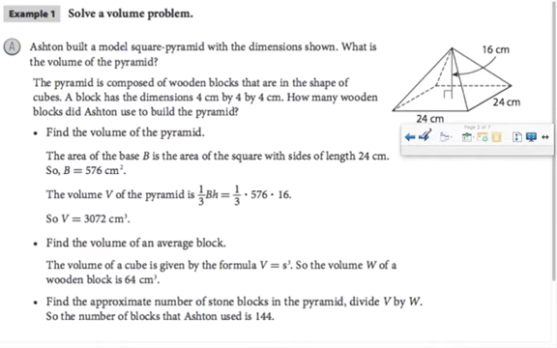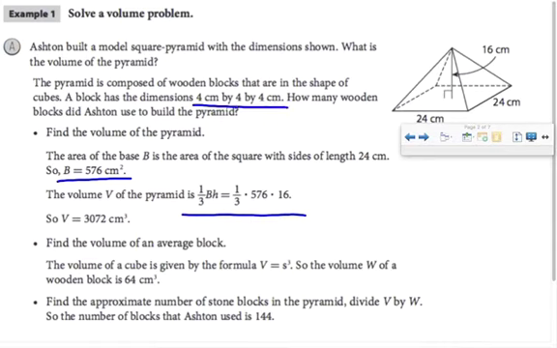So in example 1, part A, they're solving a volume problem. Notice the dimensions that we have for the square pyramid. They found the volume of the pyramid by finding the area of the base by multiplying 24 times 24, and then plugged it into the formula for a pyramid. Each block is 4 by 4 by 4.